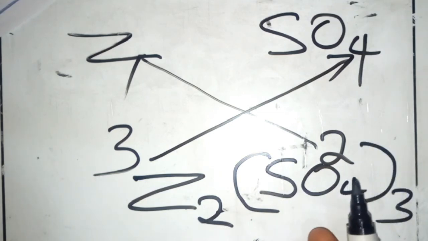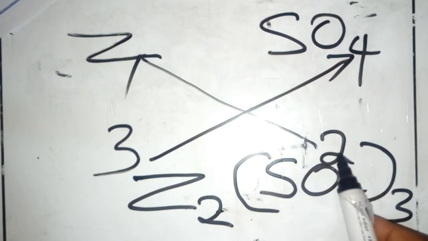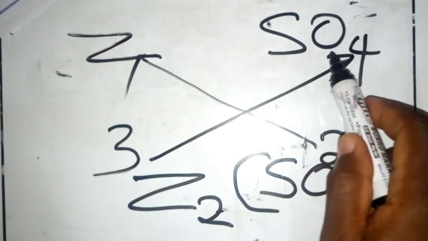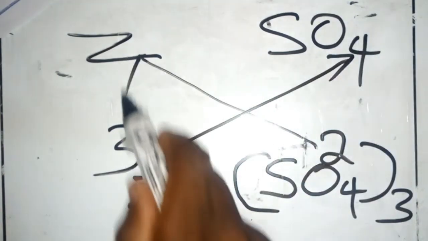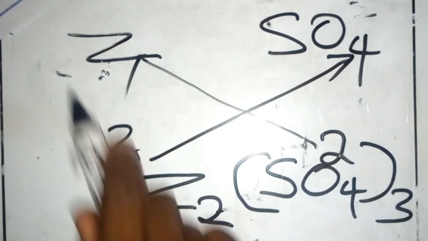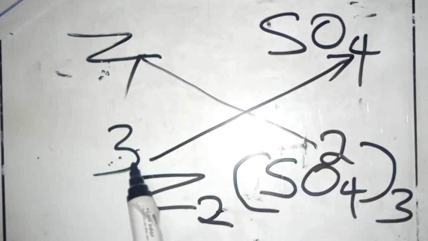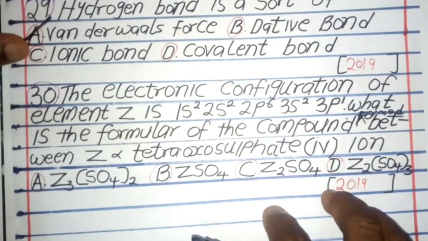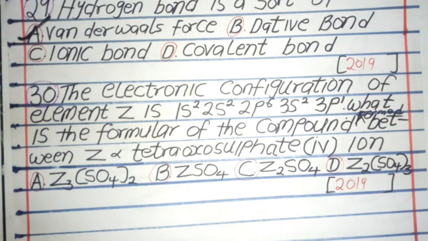This is what will be formed. 2 is the valency for the tetraoxosulfate(VI) ion, then 3 is the valency for Z, because aluminium is in group 3. So cross multiply, and this is what will be formed: Z2(SO4)3. So the answer has to be D, Z2(SO4)3.